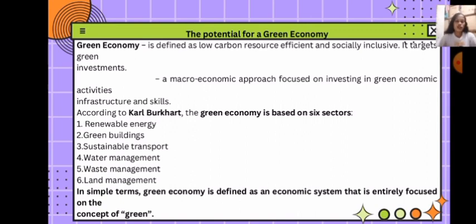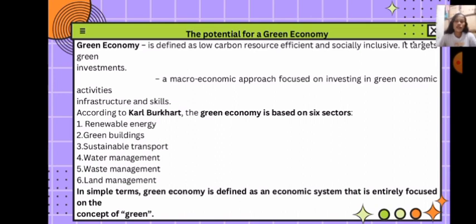So the second sector is green buildings. Green buildings, dili literal nga ang mga color sa buildings is green ha, to have a green focused or green efficient.